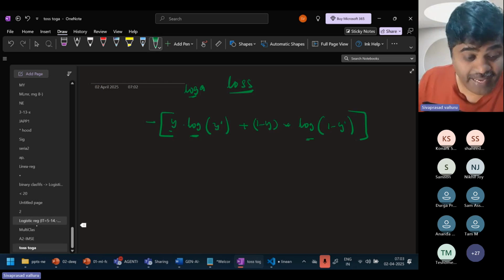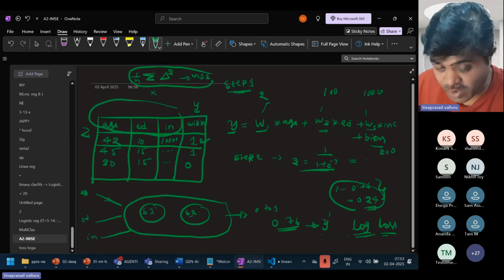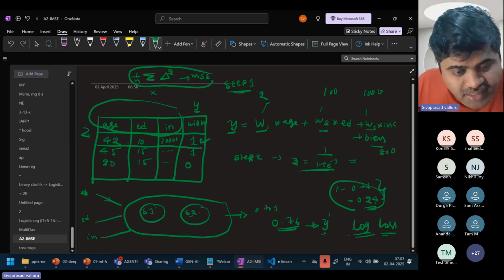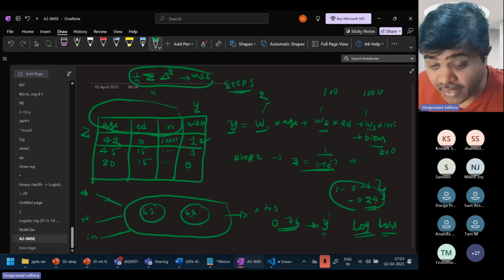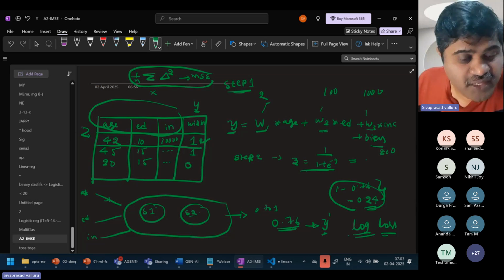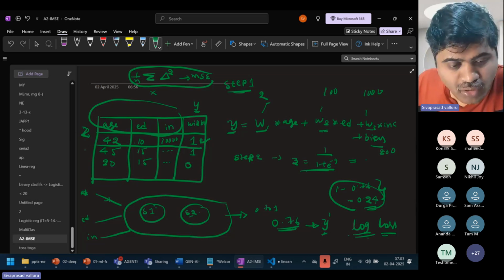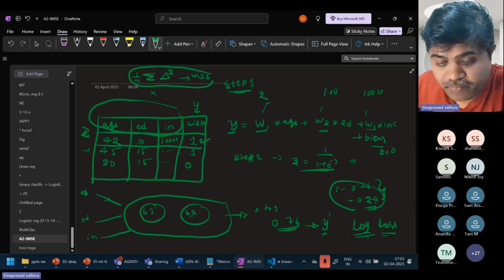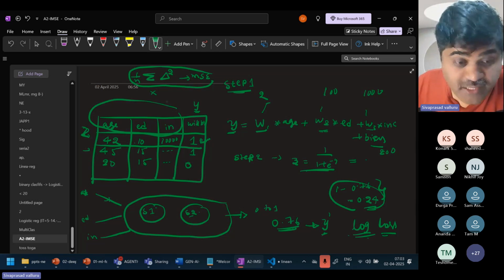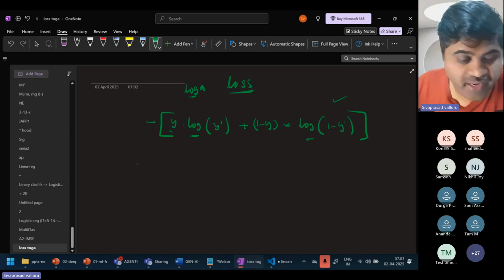Y is the actual value in our data set. What is Y dash? After passing these values, whatever we get is a predicted value, right? So for the first row, there is some loss. Second row, if I pass, again there will be some loss. Again, loss has to be calculated using this formula, right?